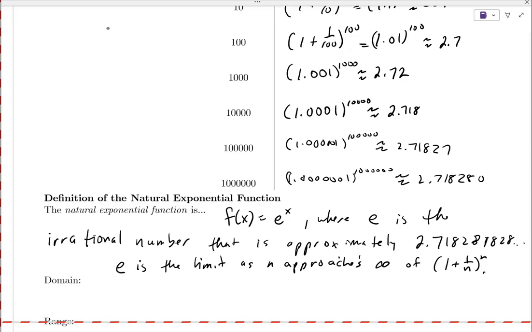All that means when we talk about taking a limit is that we keep plugging in bigger and bigger values of n and see what happens. What happens is we get really, really close to that number e that we're talking about.